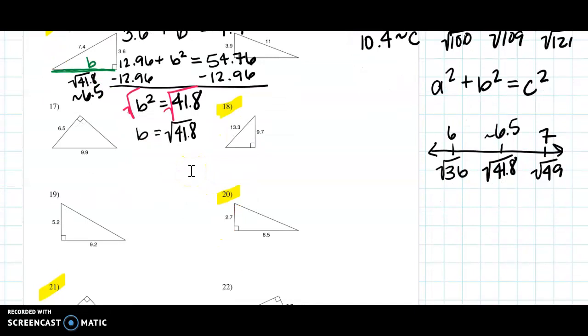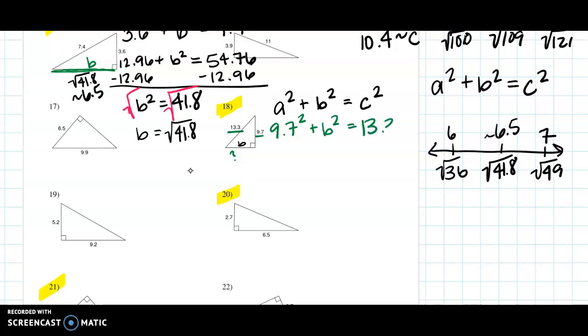Let's take a look at question 18. 18 is also looking for a side length of b. A is equal to 9.7. We'll use the Pythagorean theorem again. A squared plus b squared equals c squared. A is equal to 9.7, so 9.7 squared, plus b squared, we don't know it, is equal to c squared.